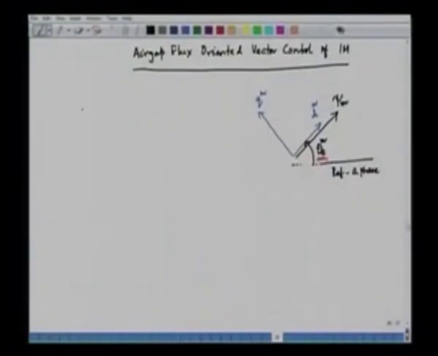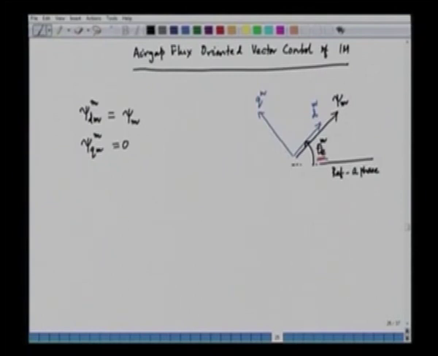And here, we have oriented the d axis along the air gap flux vector. So, due to this special orientation, what we obtain is the following: psi d m, the air gap flux in the d axis in the reference frame oriented along the air gap flux vector, is equal to psi m, the total air gap flux, and psi q m in the air gap flux reference frame is equal to 0, because in the q axis there is no component of the air gap flux.